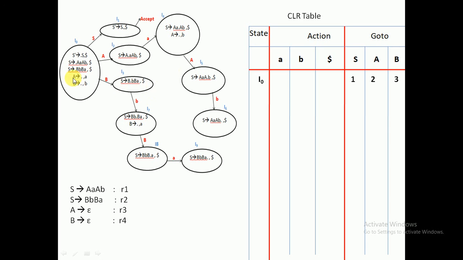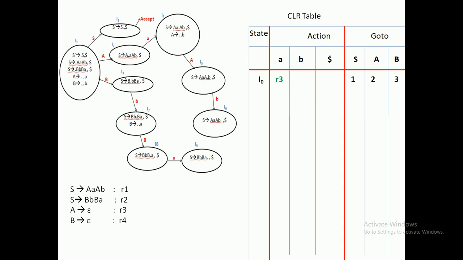What is the lookahead of the A production, R3? The lookahead is small a. So in the small a column you write the reduce number R3. This is the rule.